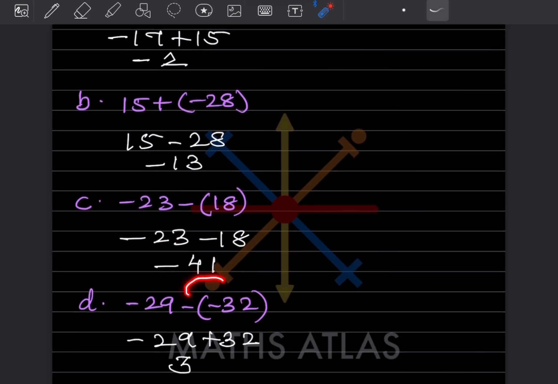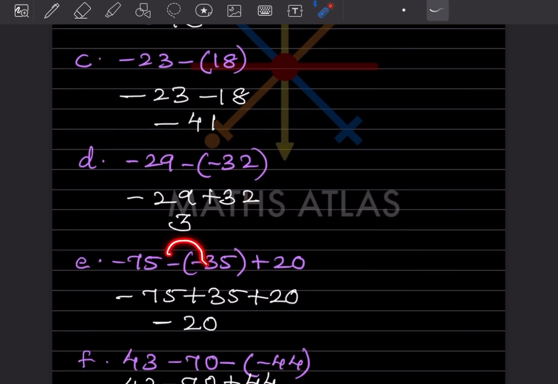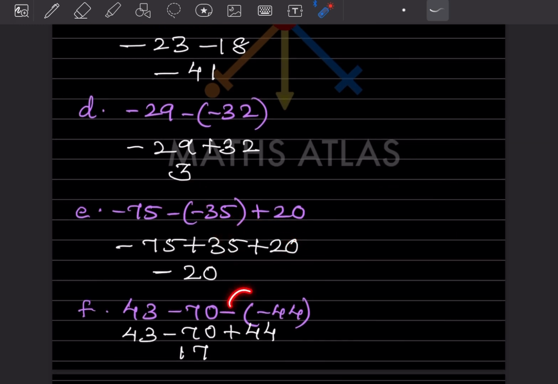Minus 21, this is going to be plus 3. This will be plus 35, this 20. So this is going to be 55, minus 75 plus 55, which is going to be minus 20.